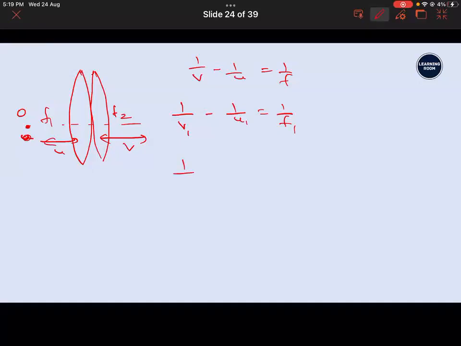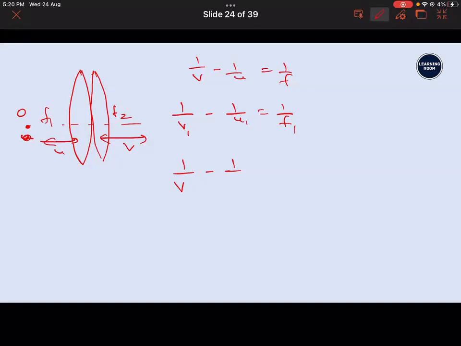So 1 by v minus 1 by, for the second lens, what will be the object distance?